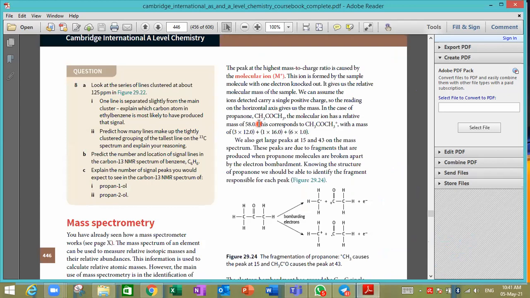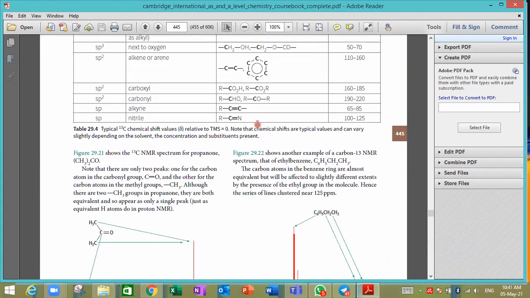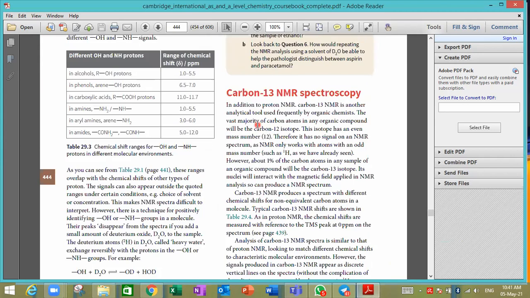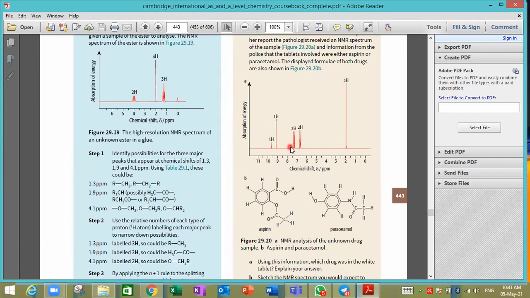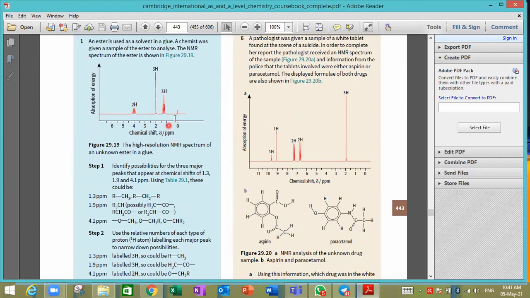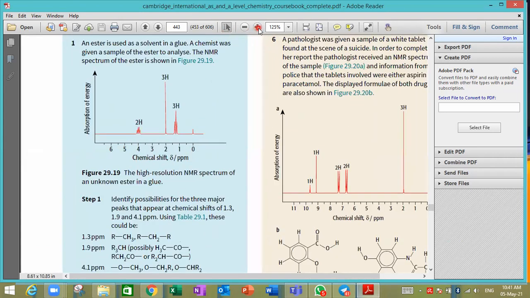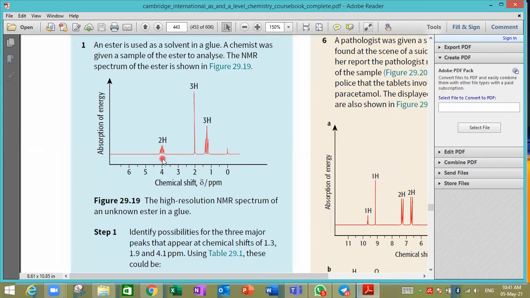You are not going to draw it in this way, but you are going to put lines beside each other. Here this is split into 4 and this is split into 3. So you don't have to make peaks like that. Either you make peaks or you can put lines in the ratio 1 to 3 to 3 to 1, and here 1 to 2 to 1.